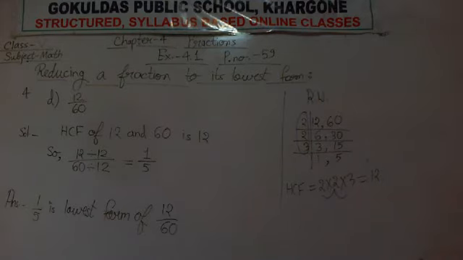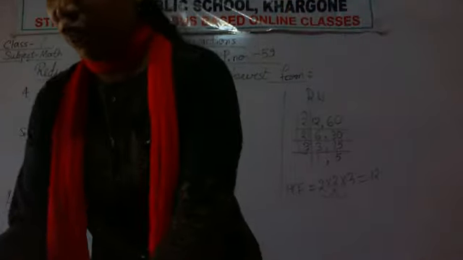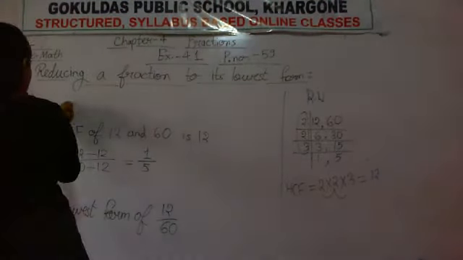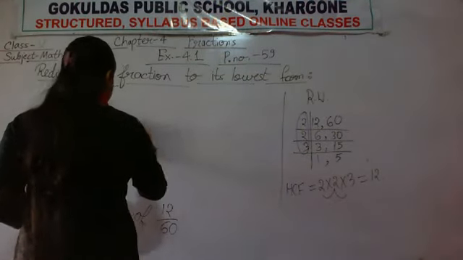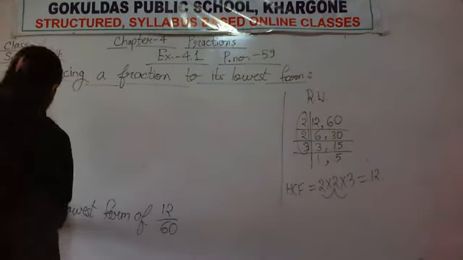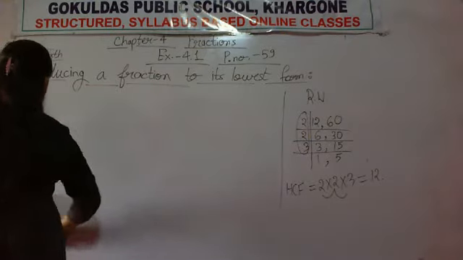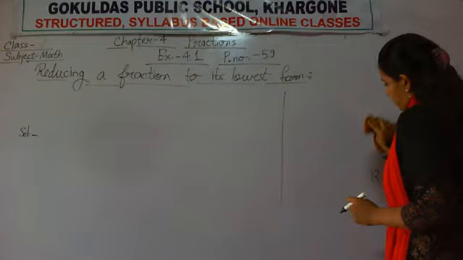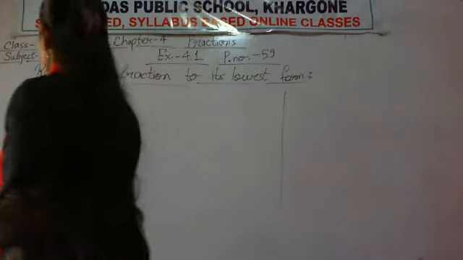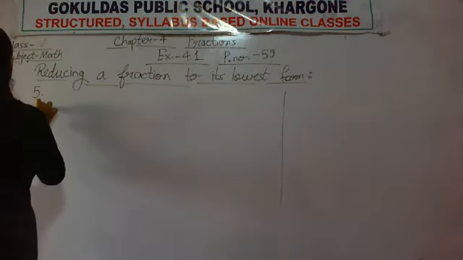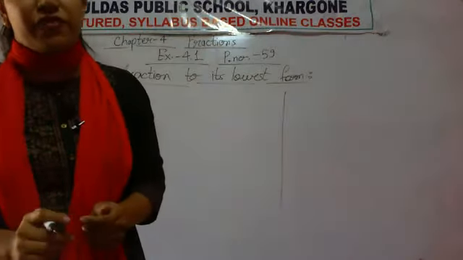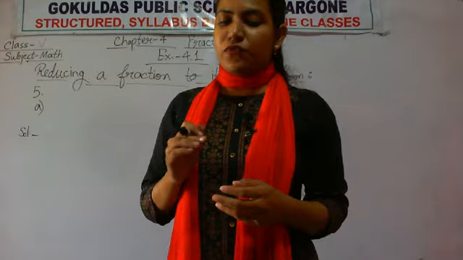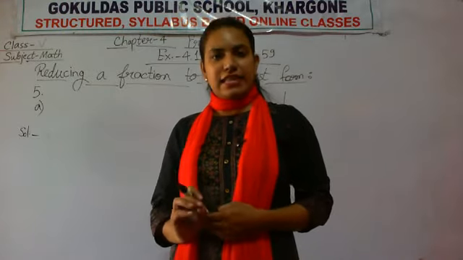Okay. Now we will do question number 5. Read the question: reduce the following fractions to their lowest form by finding their HCF.